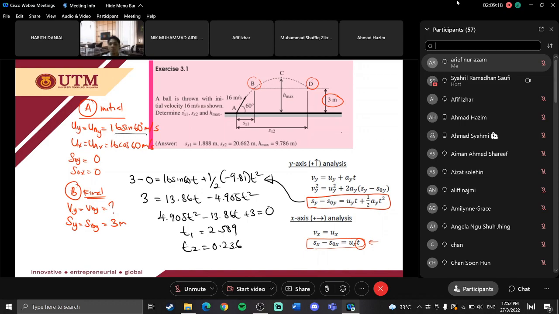By referring to this height 3 meter from the datum or reference point A, you obtain these two times, 0.236 and 2.589, with Hmax in between. So you know that the lowest time will be time A to B, and the highest time will be time A to D.